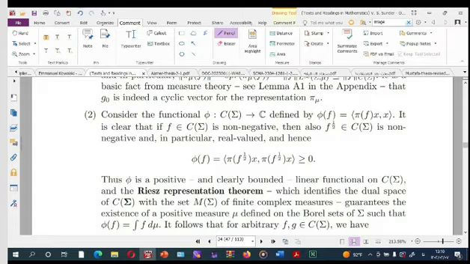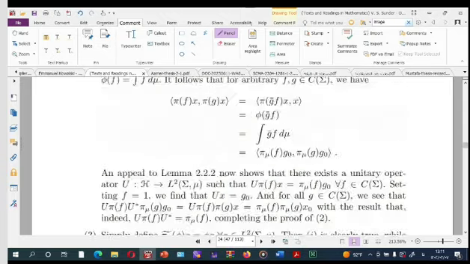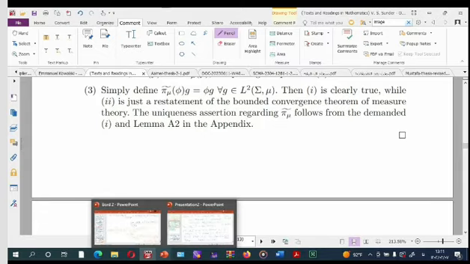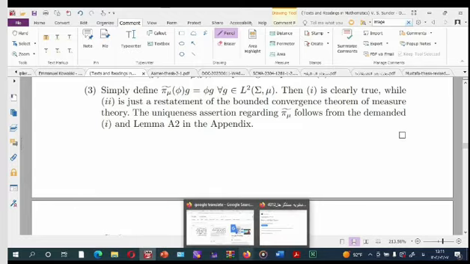Please read this proof from this book. You use this representation theorem in the proof of 2, and it is a very nice proof. And let's write the proof of this theorem as a homework for me, okay?